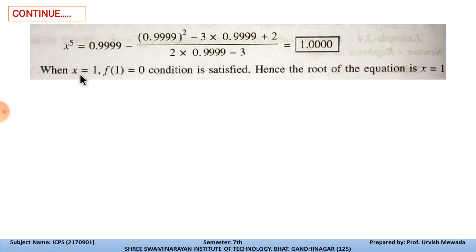And when x is equal to 1, the function f of 1 is equal to 0. So this condition is satisfied, and hence the root of the equation is x is equal to 1.